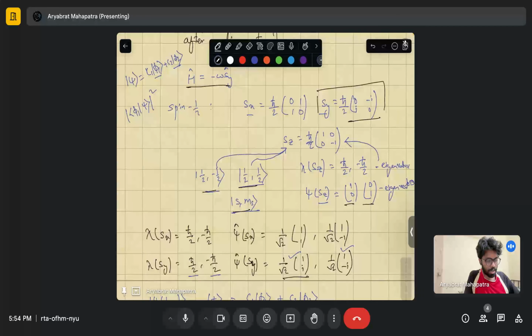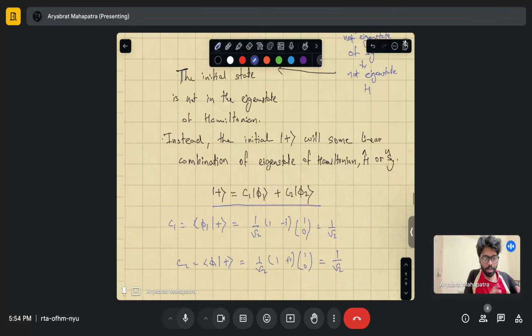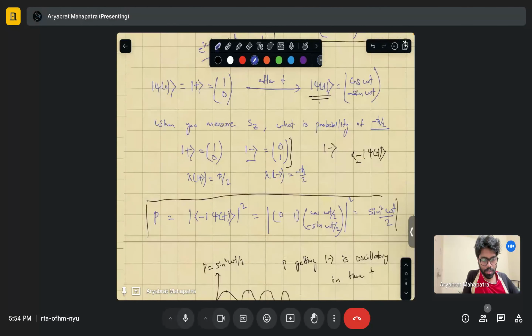So you put this Sy matrix and take its eigenstate, so its eigenstate would be this. The same thing you would also do if you have some other Hamiltonian. You take the complete matrix form of the Hamiltonian and take its eigenvalues and eigenvectors.